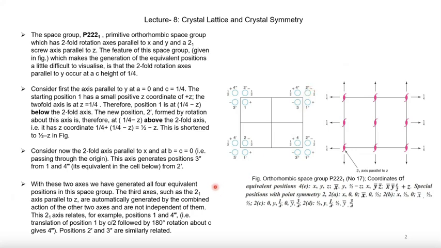So now we have talked about the twofold rotation axes parallel to X and Y. Then we will automatically say that it creates another axis, a third axis, which is a twofold screw axis parallel to Z. This is automatically generated because of the combination of the other two axes, and it's perpendicular to them.